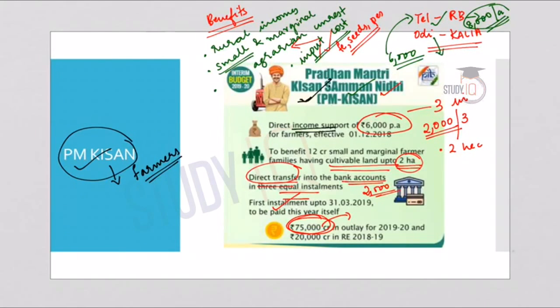Now coming to Odisha government's Kalia scheme, we can call it a more comprehensive scheme, because the income assured is 10,000 to 12,500 rupees per annum, depending on various conditions of the farmers.